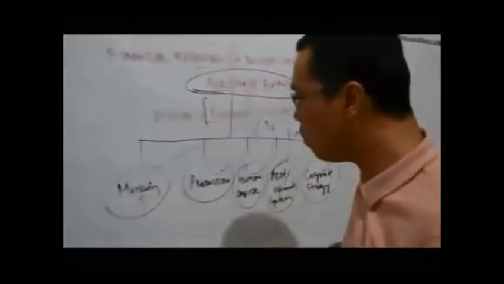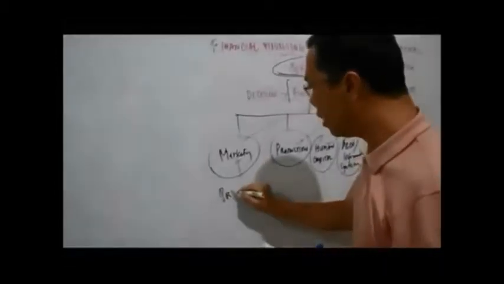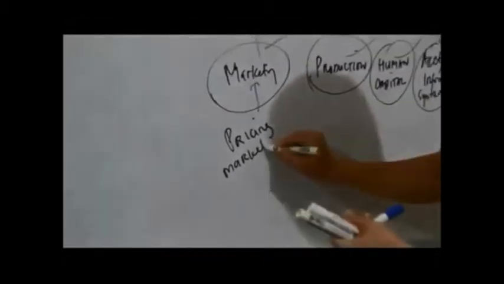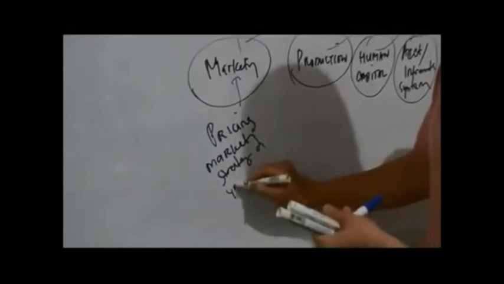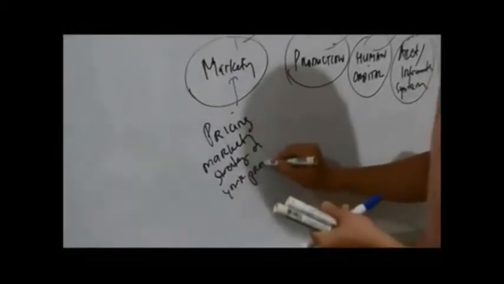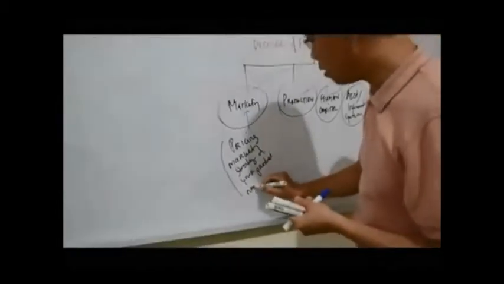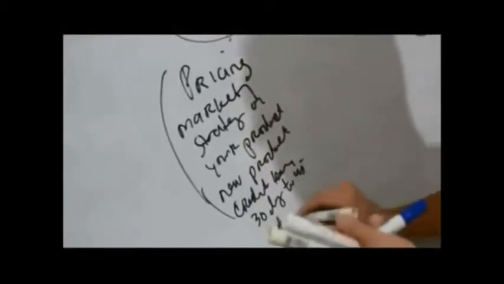I'll give you an example here. This is about pricing, about your marketing strategy on your product. You can be launching your new product. You can think about whether you want to extend your credit terms from, for example, 30 days to 45 days.